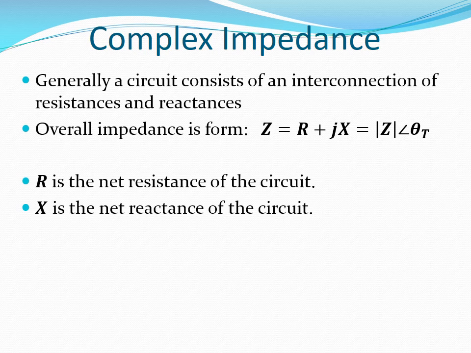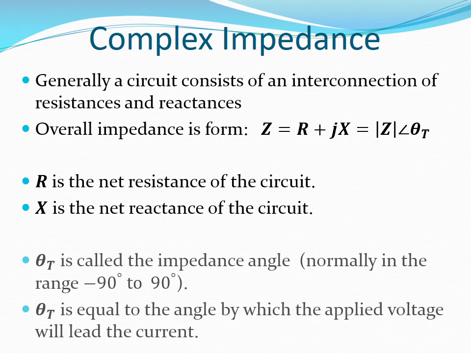R is the net resistance of the circuit, X is the net reactance of the circuit, theta t is called the impedance angle. It normally lies in the range minus 90 degrees to plus 90 degrees. The impedance angle is equal to the angle by which the applied voltage will lead the current.